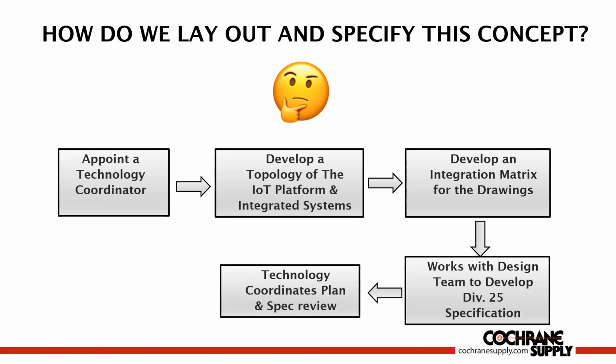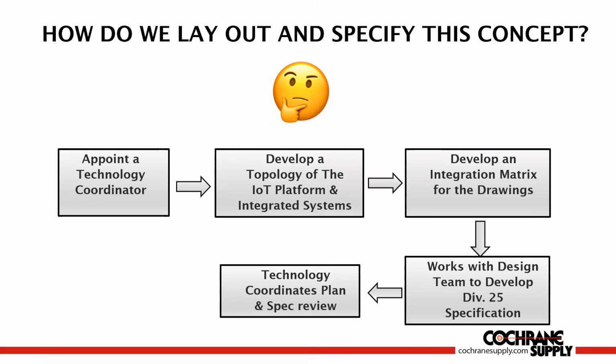And then I would get every discipline involved in the integration process. If I have a multidiscipline A&E firm with both architectural and engineering, then we would have team meetings and make sure that everyone has something in the front end of their specification.